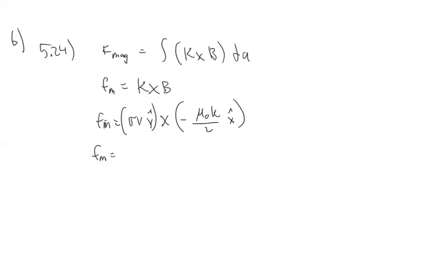So we have negative mu naught sigma squared v squared over 2 y hat cross x hat.